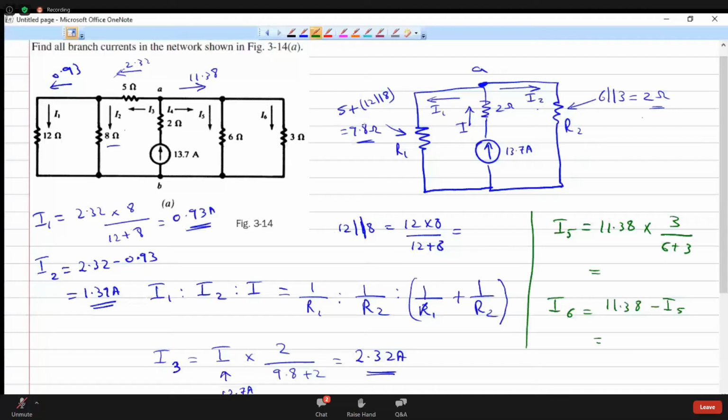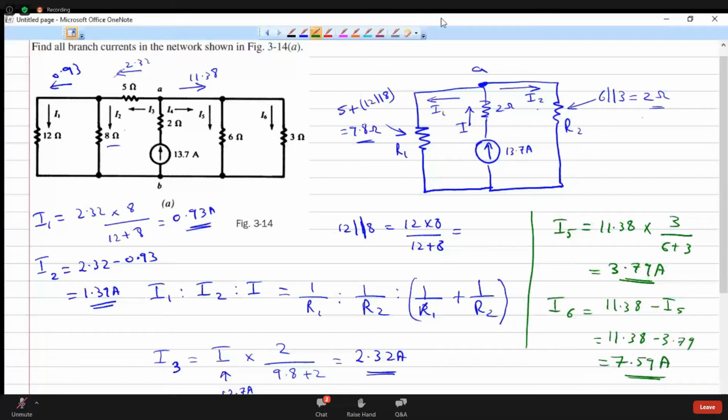So I5 will be 3.79 ampere, and I6 is 11.38 minus 3.79, which comes to 7.59.